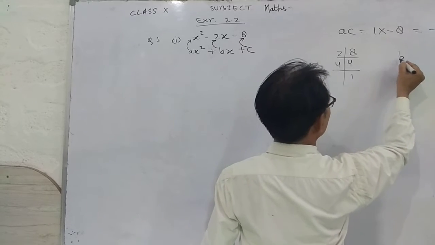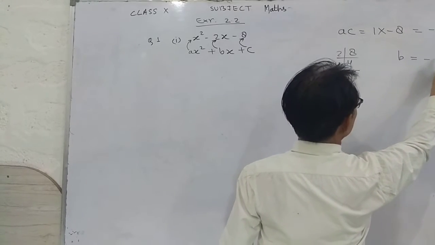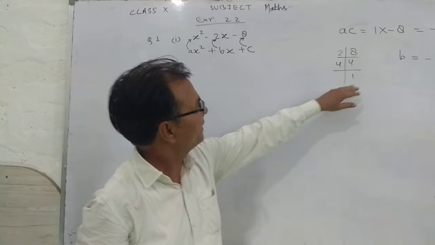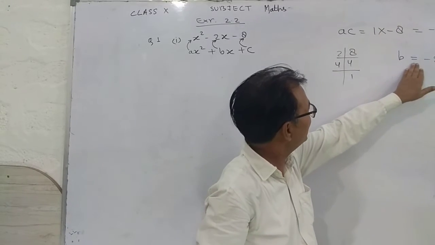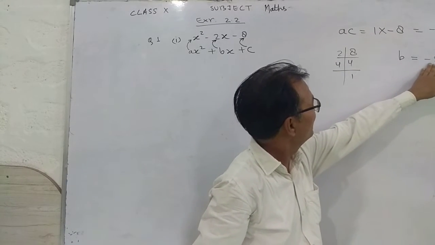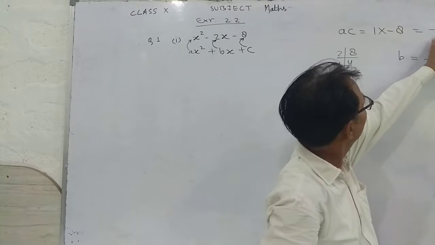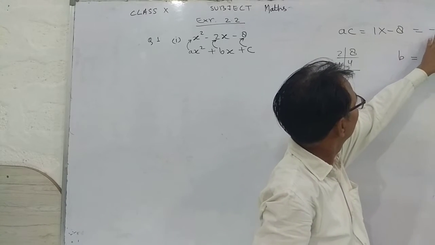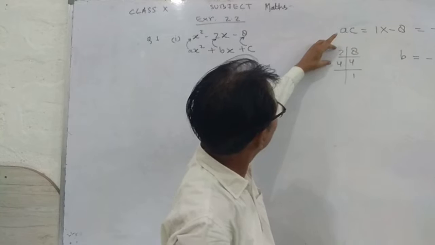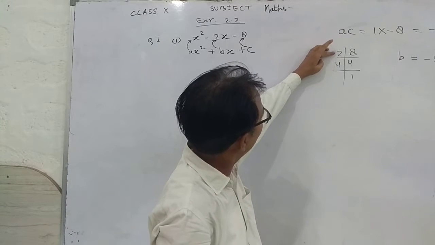And our b is minus 2. So here we split minus 2 with the factors of minus 8. The factors of minus 8 are 2 and 4.